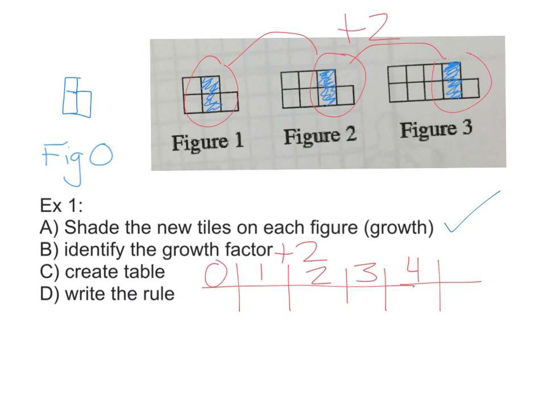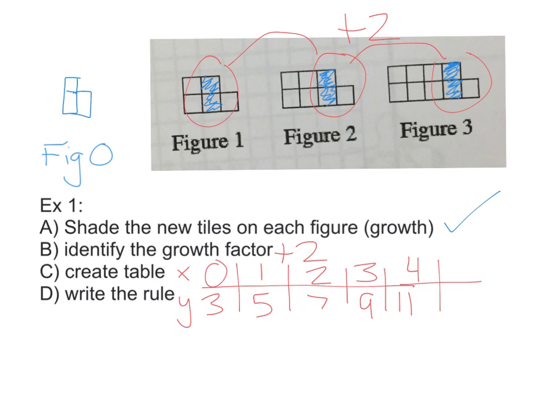And then what we talked about yesterday is that if our x value is the figure number, our y value is the total tiles. So figure 0 had 3, figure 1 had 5, 7, 9. Now, even though I didn't have you draw figure 4, hopefully you're seeing a pattern and you are able to add in what figure 4 would be, which would be 11.